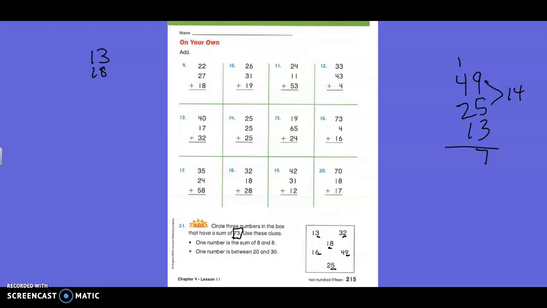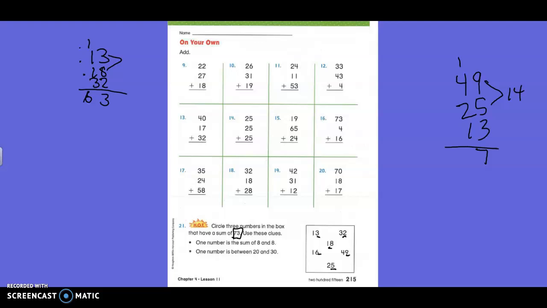So you only want 2 more. Is there a number that has 2 in it? 32. Okay, let's see. We said that 8 plus 3 is 11, 12, 13. Add the 1. What's 3? 3, 4, 5, 6. No, we're 10 off. So we can't use those 3 numbers together. We need another way to make 13 with these 10s. 8 plus 2 plus 3 did work, but it wasn't the right answer.